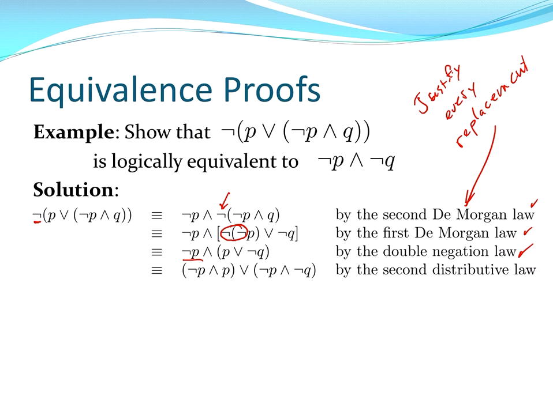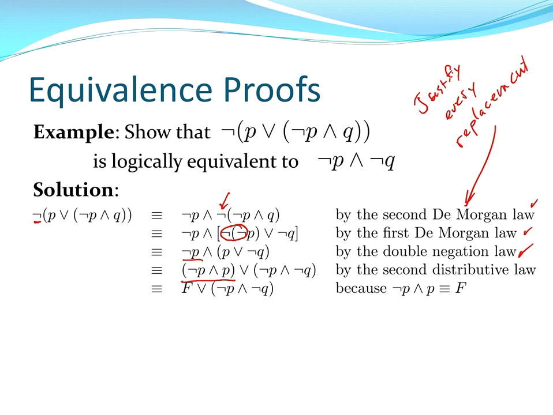So we get negation of P and P, or the negation of P and the negation of Q. Well, we know that this is going to be false by the negation law. And here we just basically wrote down the identity that allowed us to make that substitution of F.